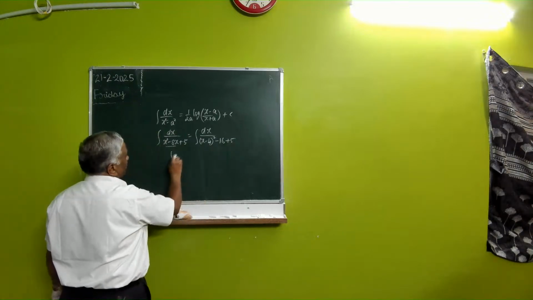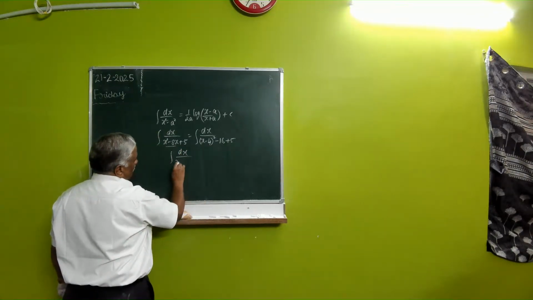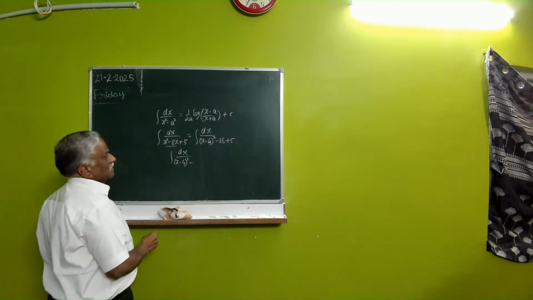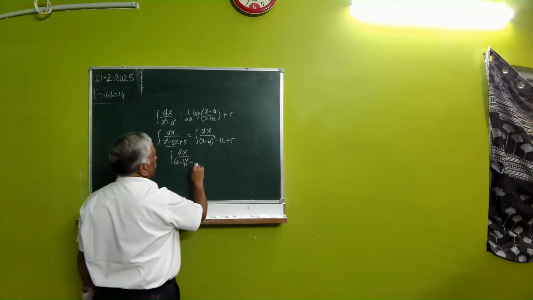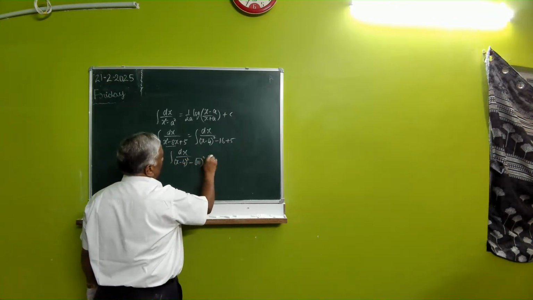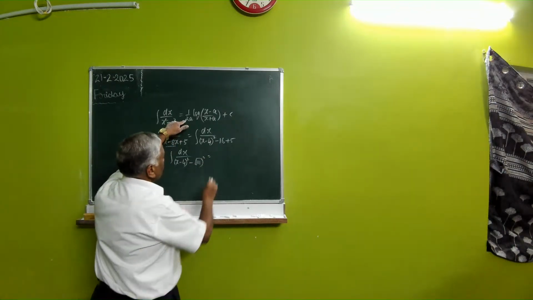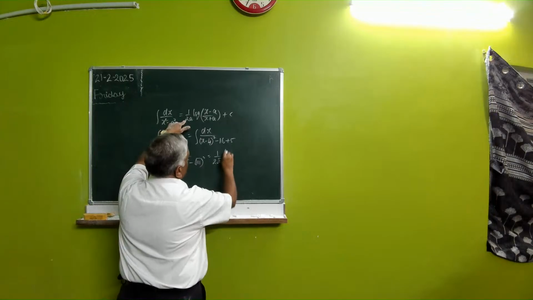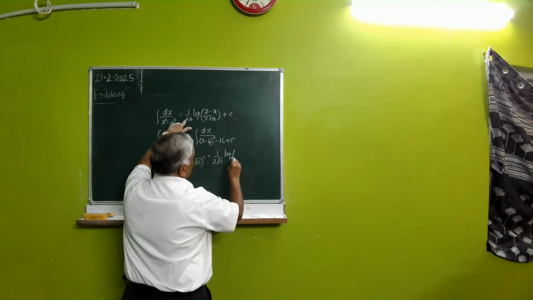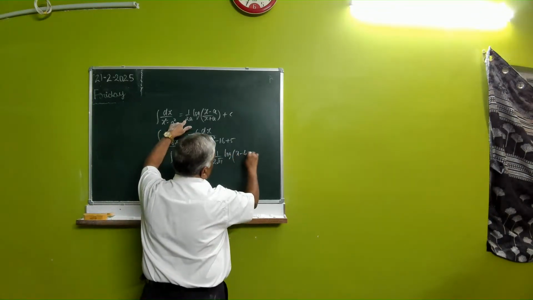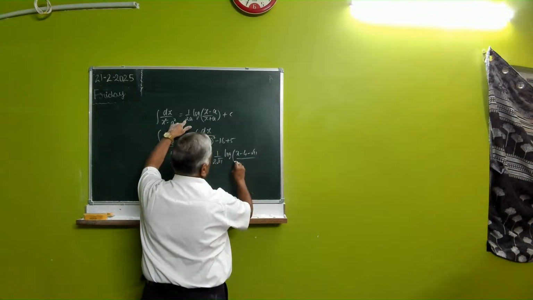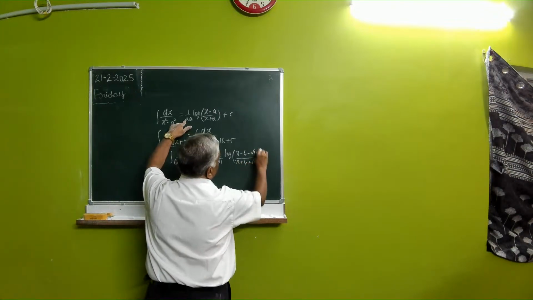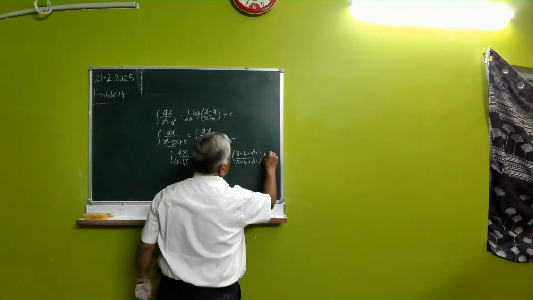So what do I get? dx over x minus 4 whole square minus root 11 whole square. So use this formula, 1 by 2a, 1 by 2 root 11 log of x minus 4 minus root 11 over x minus 4 plus root 11 plus c.